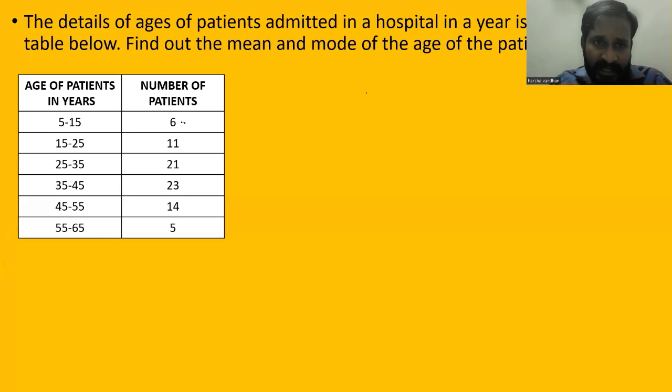From 5 to 15, there are only 6 patients. 15 to 25, 11. 25 to 35, 21. 35 to 45, 23. 14 and 5. So it is clear that the patients whose age is between 35 and 45 are 23 in number.